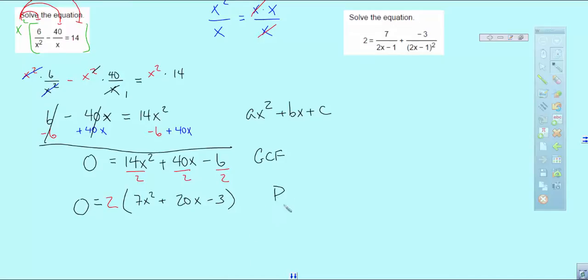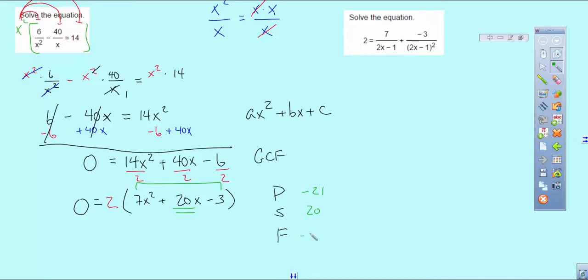Alright, hopefully at this point you've been using product sum factor to work your way through. So we're going to product sum factor this one. We have 7 times negative 3, that's negative 21. We have a sum of positive 20. Sorry about that. And so we're looking for our factors.